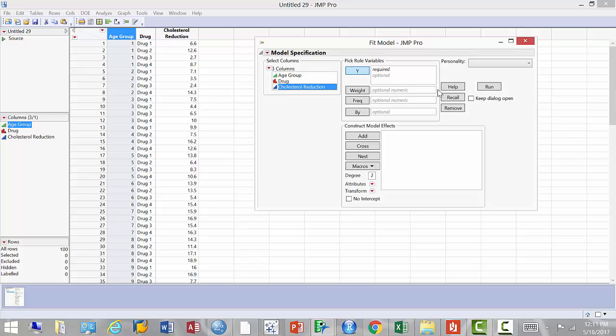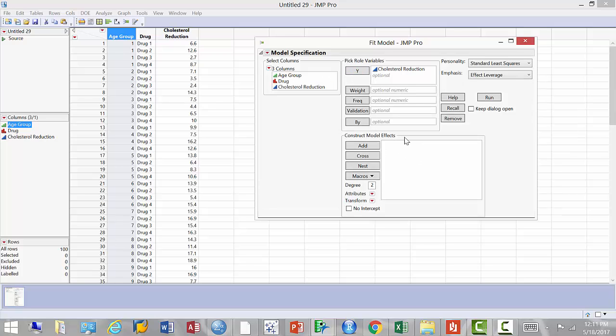That would be cholesterol reduction. The rest of the variables I have to place right here, under Model Effects. So the factors of the study, my age group and drug, I'm going to add to this section. So I'm going to study the effect of age and the effect of the drug on the cholesterol reduction. That's pretty much the easiest way you can view that setup.